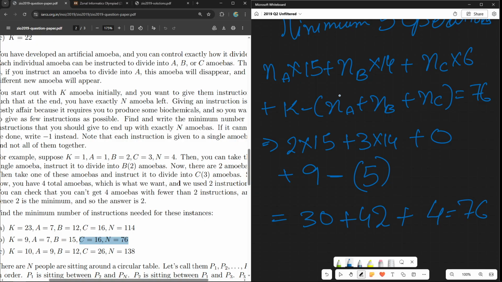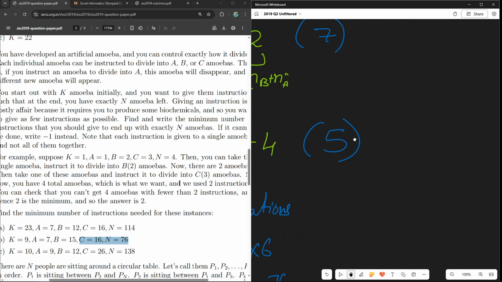I think our formula is wrong because we have taken 15 instead of 16. Maybe that's the wrong thing. So we'll check with 16, 15 and 7 itself, right?